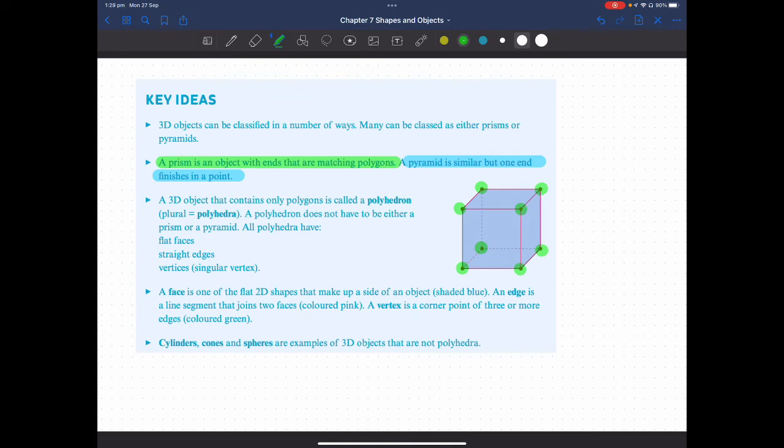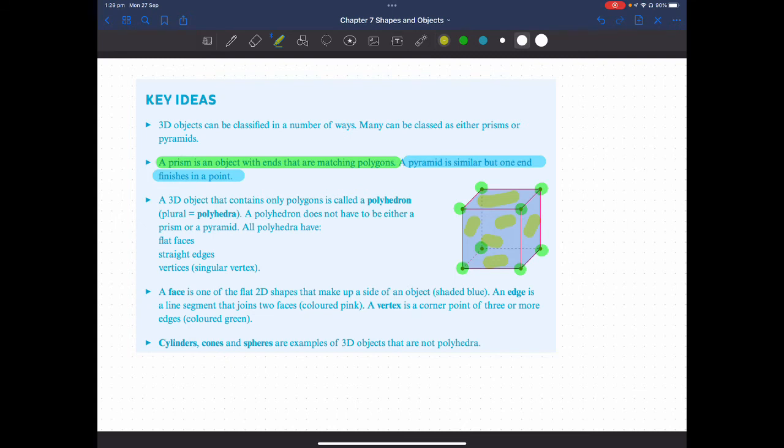If we looked in yellow, we can see that there is 1 face on top, 1 face on the bottom, 1 face on the side, 1 face on the side, 1 face on the back, 1 face on the front. There are 6 faces. Each of the vertices are made up by a meeting point of 3 edges.